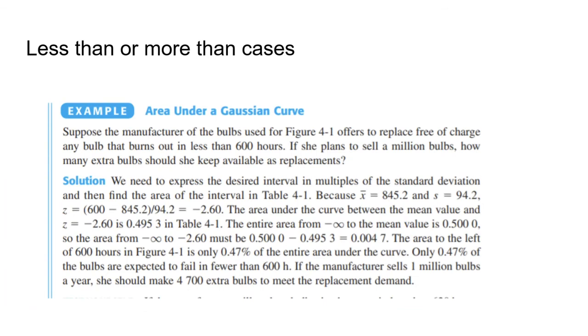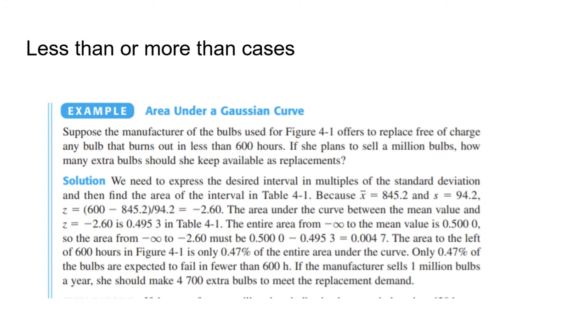Alright, so we're going to do a lesson on a case test using the problem. Suppose the manufacturer of the bulb used for figure 4.1 offers to replace free of charge any bulb that burns out in less than 600 hours.